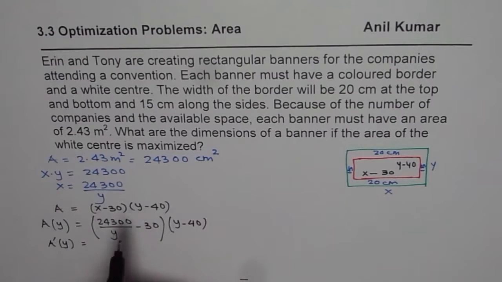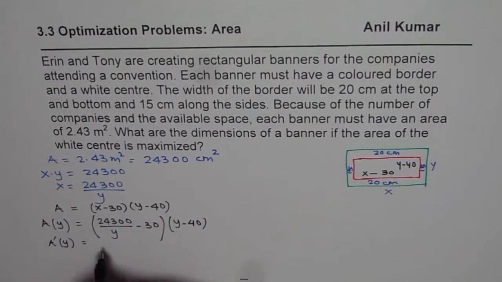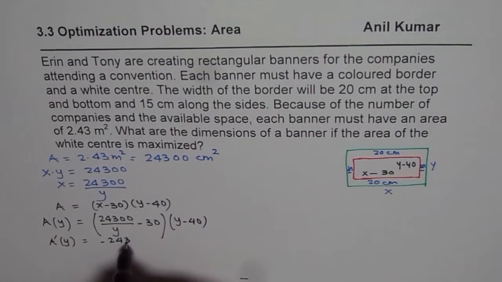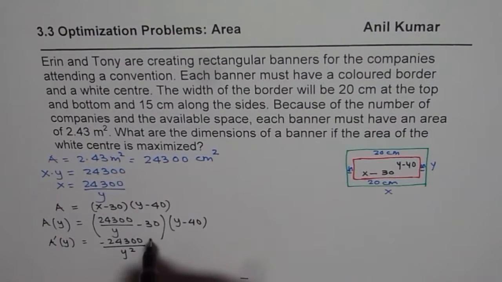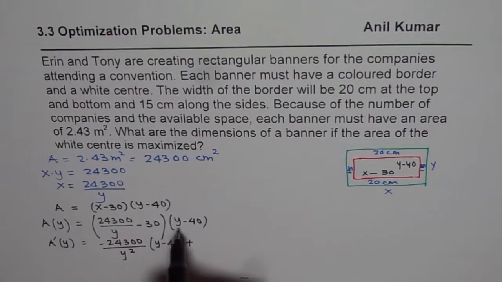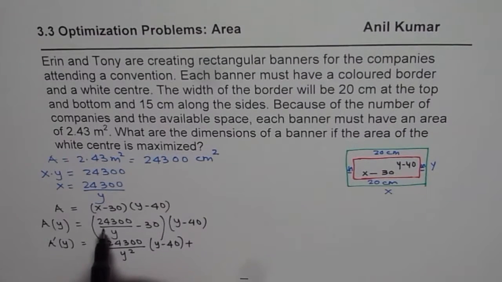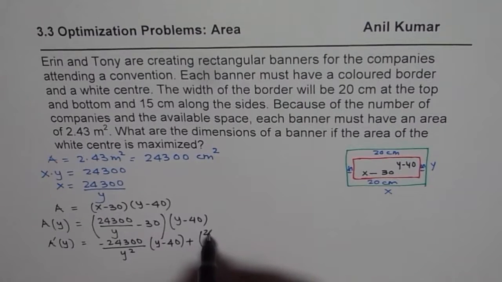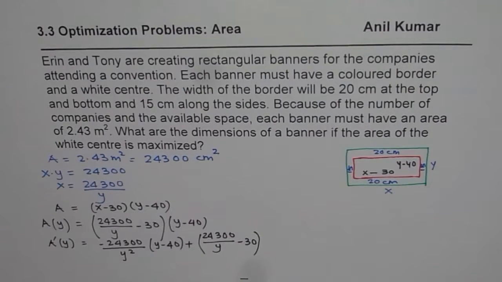The derivative of the first term, which is 24,300 times y to the power of minus 1, is minus 24,300 divided by y squared, times y minus 40, plus the derivative of the second term, y minus 40, which is 1, times the first term, 24,300 divided by y minus 30. So that becomes the derivative for us.